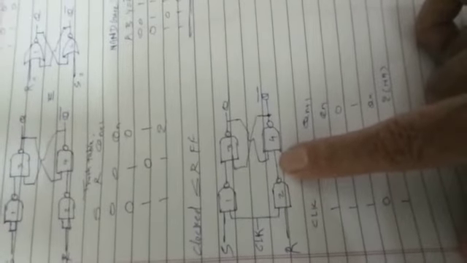It will go in a reset state. Similarly if 1 0, then it will go in a set state. And here also 1 1 is not allowed.